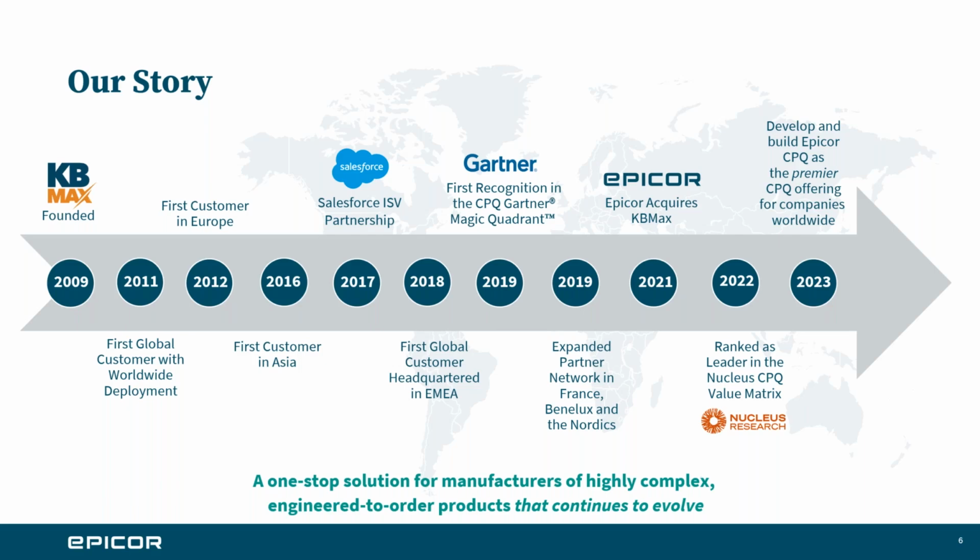And each year we continue to be recognized by them. Not to forget a really important date, Epicor acquired KB Max in 2021. It was really the expertise in manufacturing and distribution that made it a great partnership. Our technologies really complemented each other, and this was going to allow us to expand our technology suite and our global footprint.